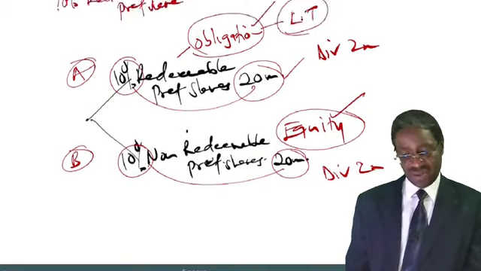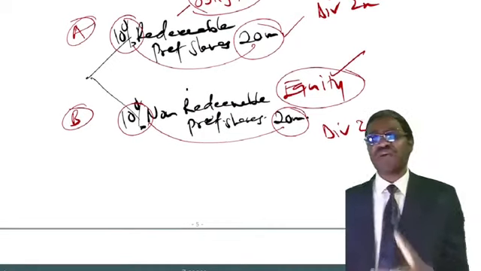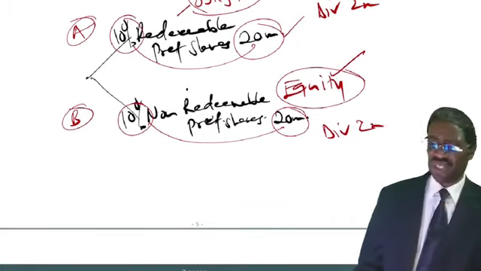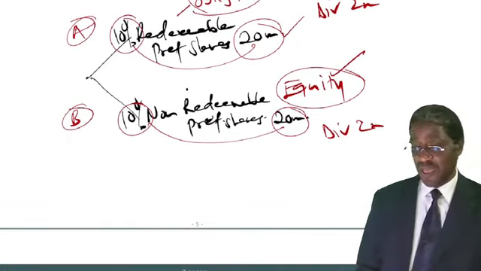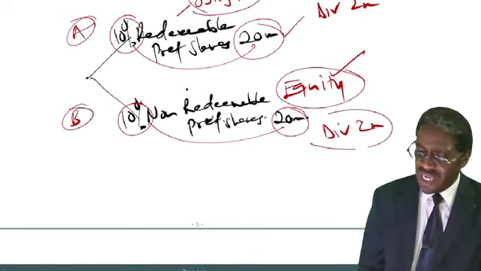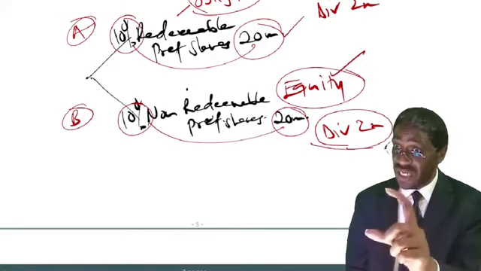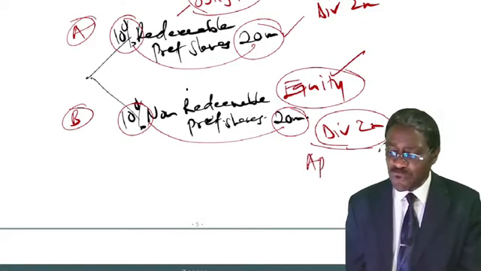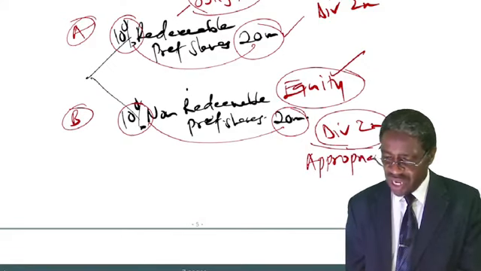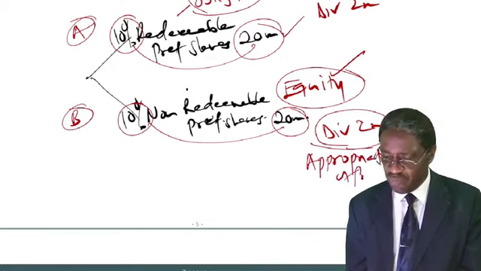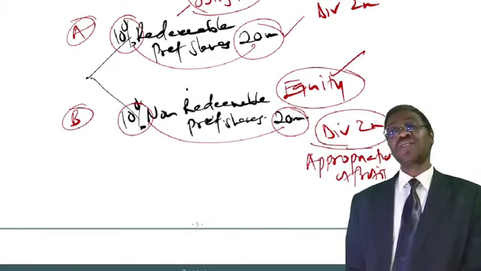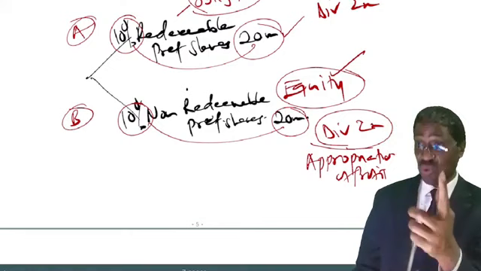Listen carefully now. When it comes to non-redeemable preference shares, the 2 million they paid their shareholders as dividend should be considered as an appropriation of profit in the statement of changes in equity.